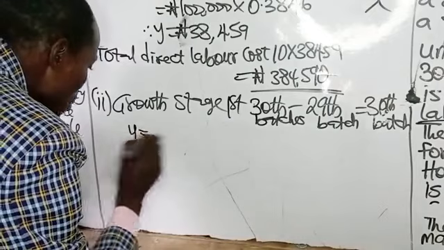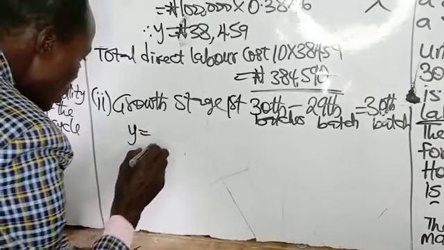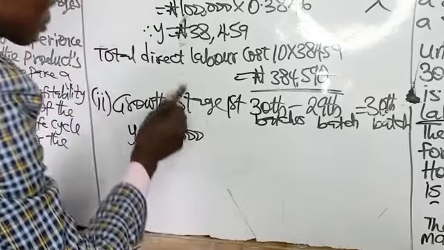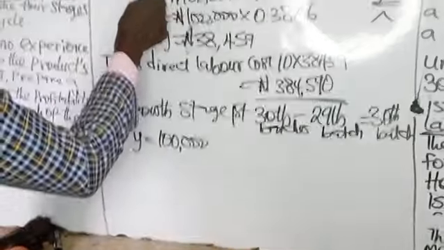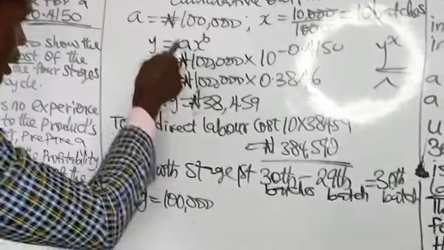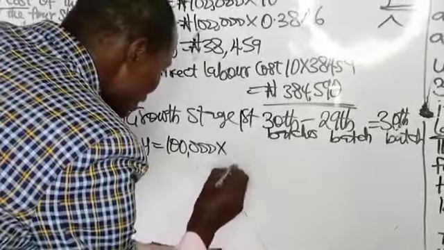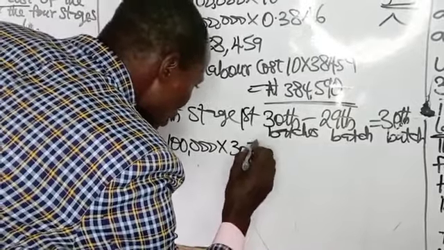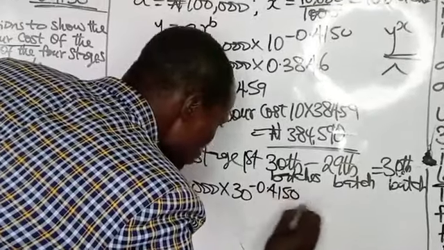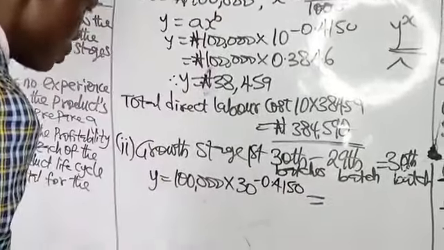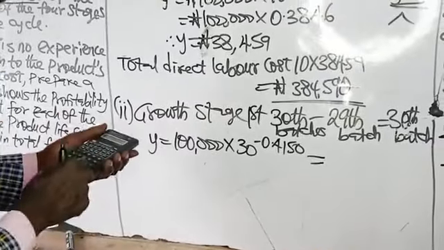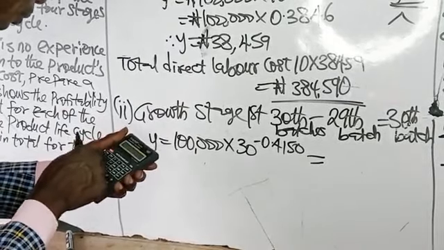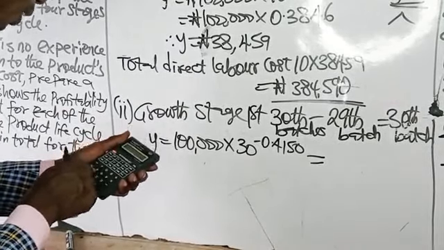So, you have the formula y equals a x to the power b. Our a remains 100,000, which is the cost of the first batch. 100,000 times x, which is the 30th batch we are considering, raised to the power minus 0.4150. That is 30 raised to the power minus 0.4150.